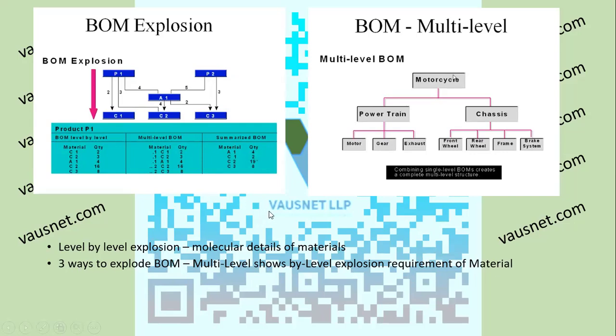So multi-level basically shows what components will be required at what level. Okay. And the levels will actually show you like C1, C2, A1, these are phases. In the first phase, of course, you will need, this is a higher level part of the item. It will then be assembled using C1, C2. Okay, so multi-level will actually show you which part will be required at what point.